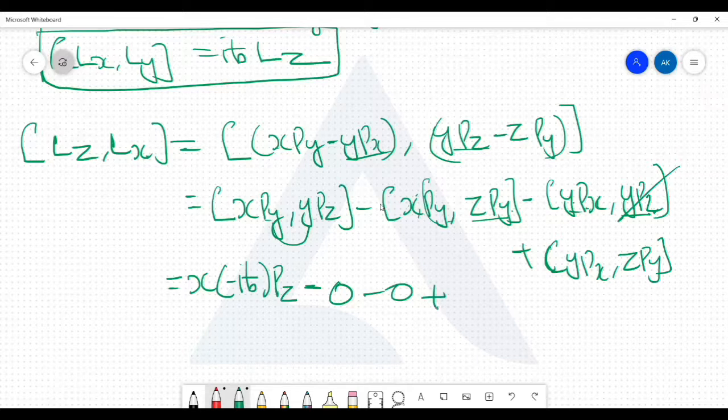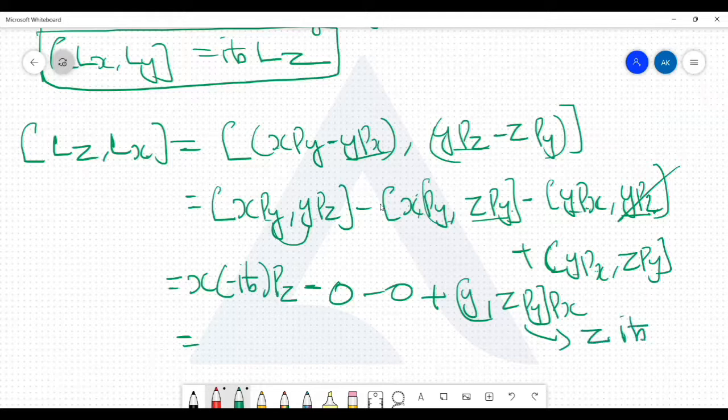Here, first you take the commutator of px with this, that will be nothing. But y with this will exist. Therefore, y commutator z py with the px will exist. So this equals z i h cross x px.